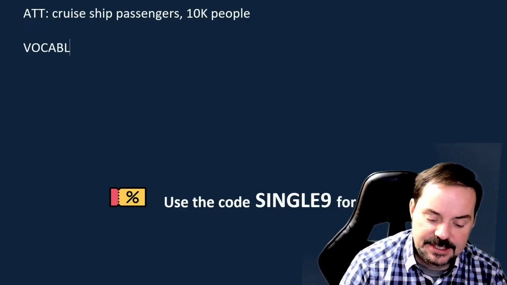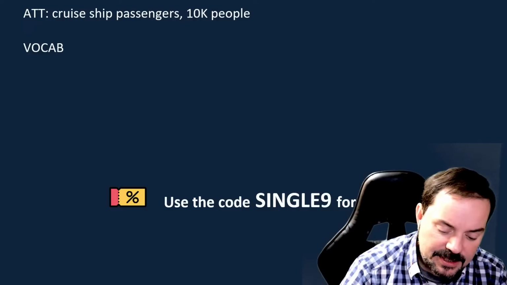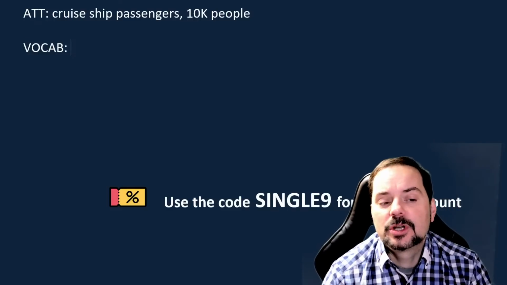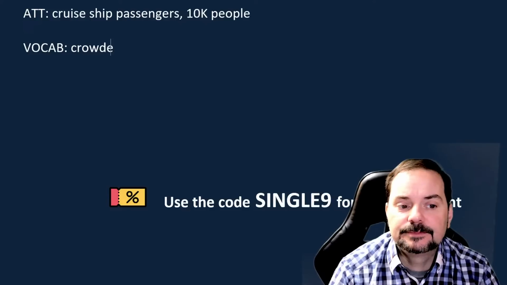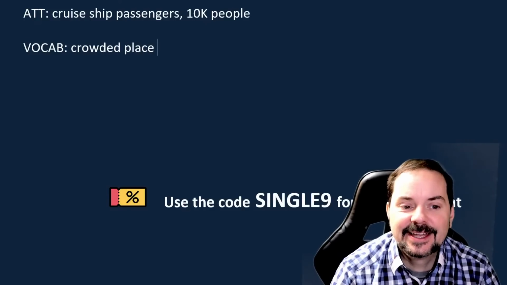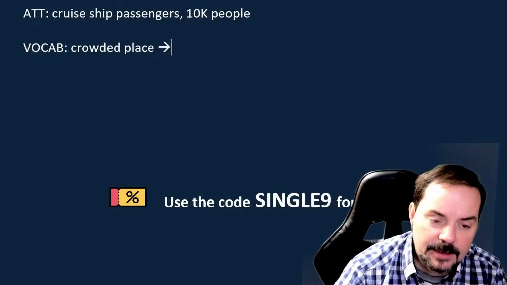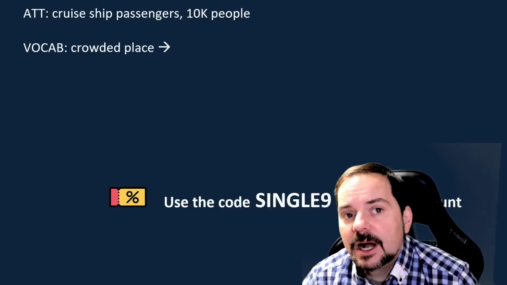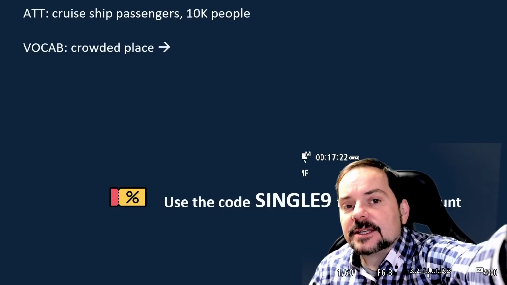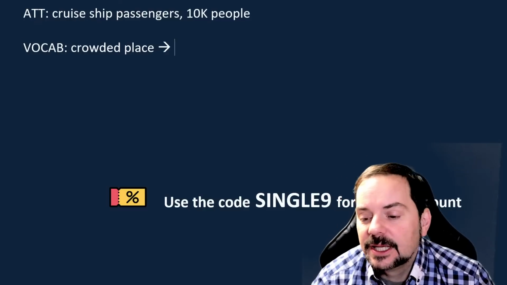Okay, and you can practice this at home, writing down vocabulary. Now here, the topic is a crowded place, right? When you think about a crowded place, what are some other ways to express that a place is really crowded?